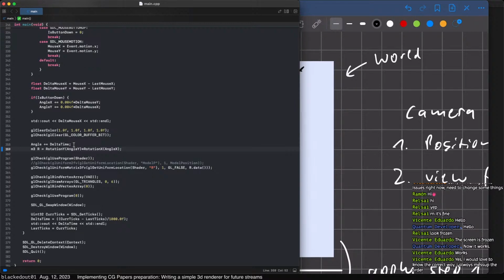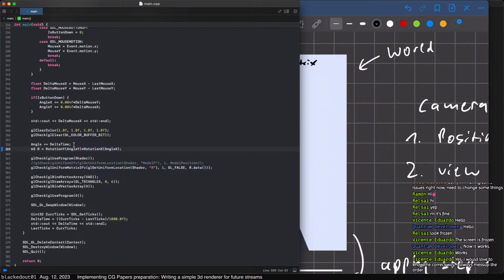And I think without an intuition for this, it's really hard to understand why you would put a matrix on the left or on the right. So this I call the camera matrix.